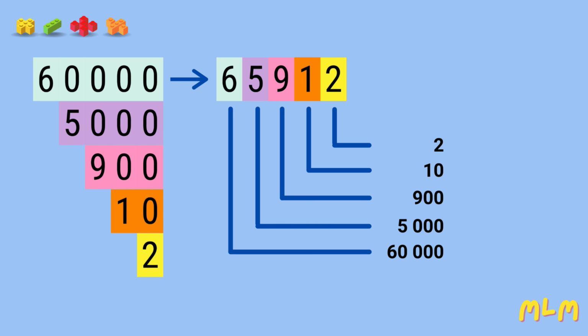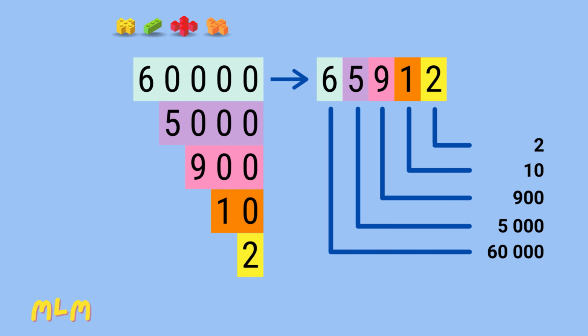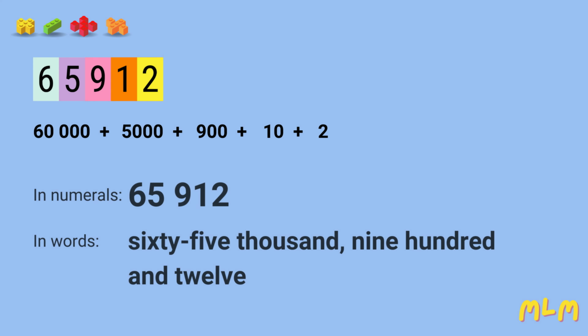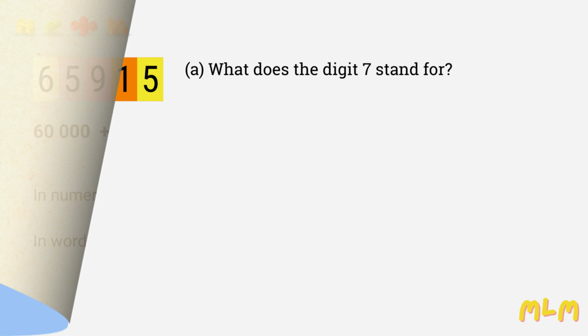Now let's add the value of each place. 60,000 plus 5,000 plus 900 plus 10 plus 2 is equal to 65,912. The number represented by the LEGO dots is 65,912. Let's take a look at this example.